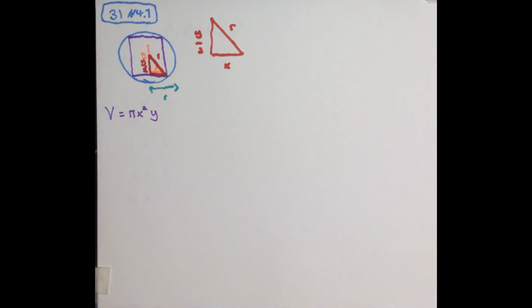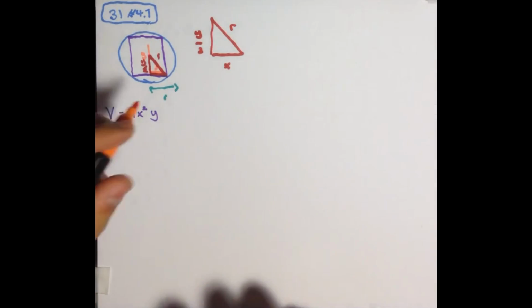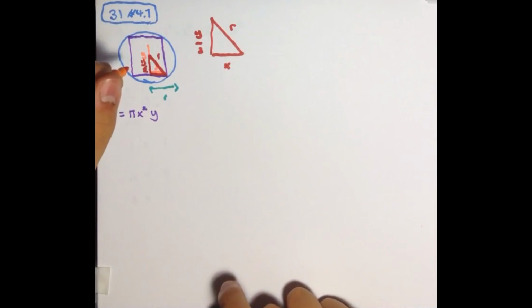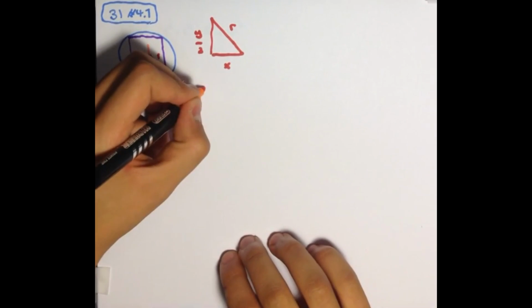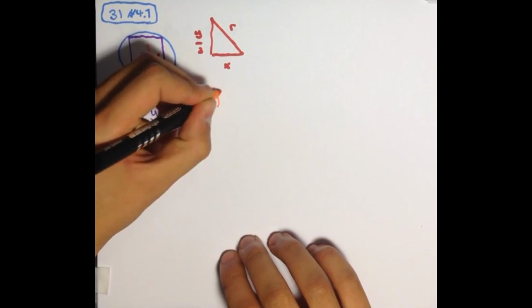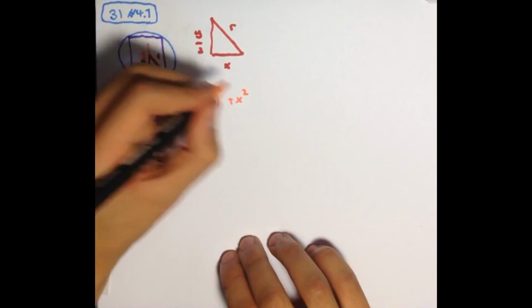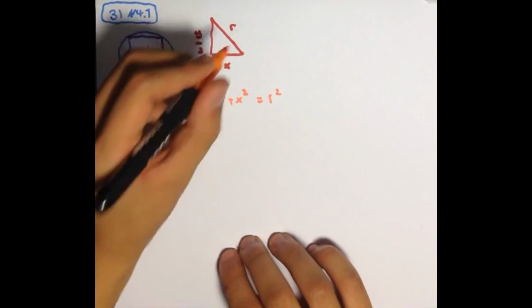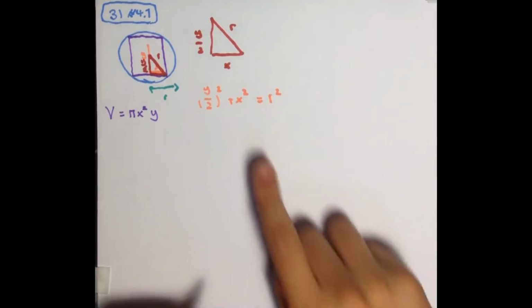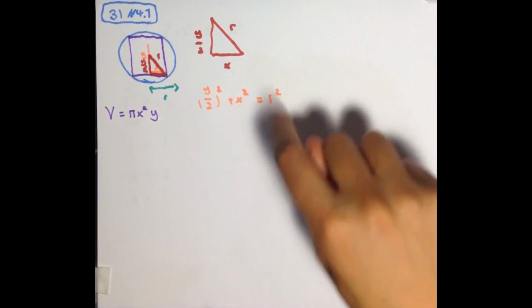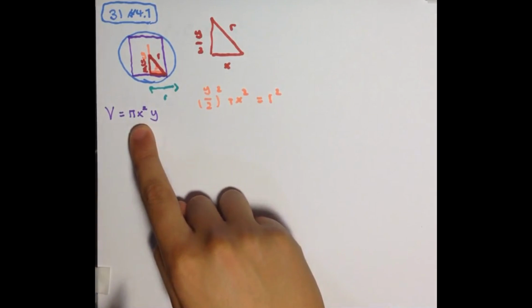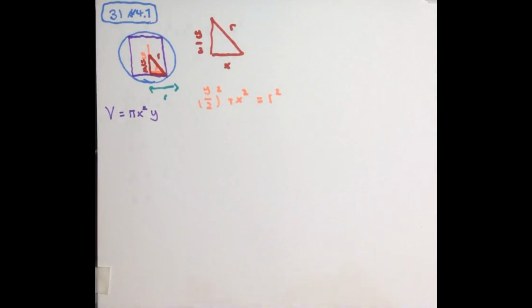And so we can use Pythagorean theorem here and solve for a variable which we will plug back into here and then take the derivative. And so let's solve for x. So x squared is equal to r squared. The reason I'm solving for x is because we're going to take the square root of everything, and if I plug it back into here, the square root will be demolished.